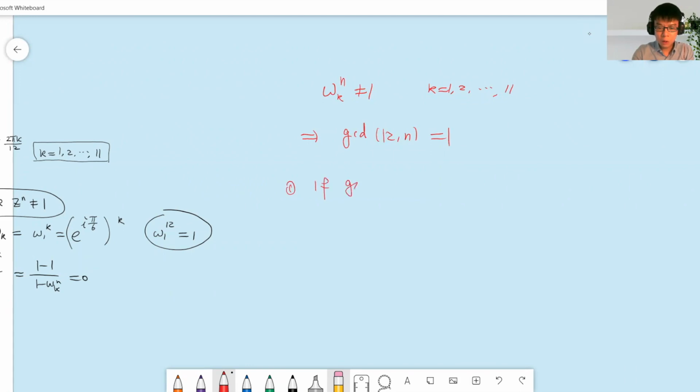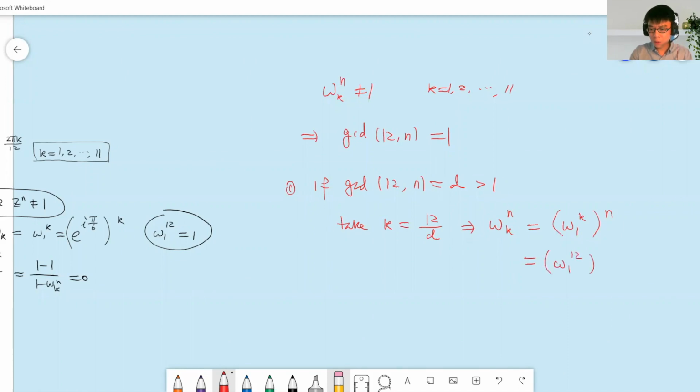If GCD of 12 and n equals d, and d is larger than 1, so we can take k equals 12 divided by d. So omega_k^n is equivalent to omega_1 to the kn power, which equals omega_1 to the 12 with additional power n over d, and n over d is an integer.